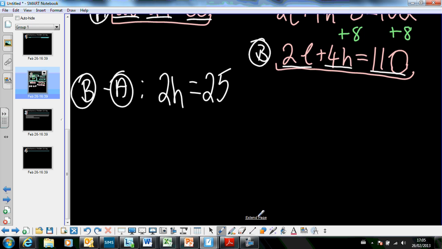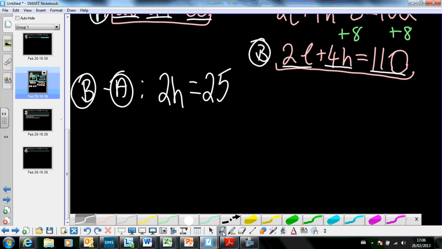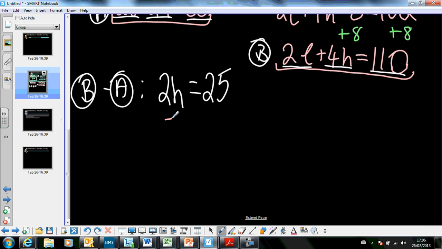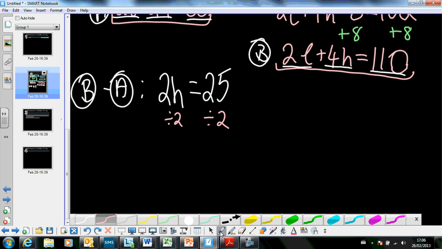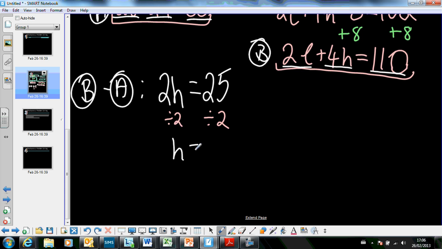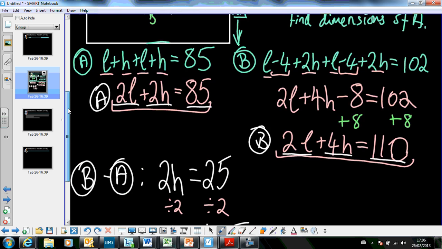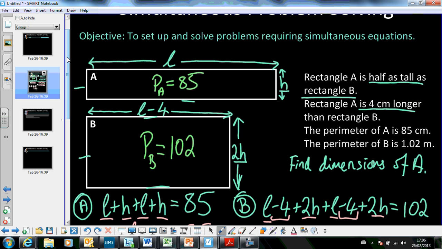There we go. I imagine some of you are screaming at your computer screen there. So if 2 H's are 25, then 1 H is 12.5. So that's the height of the rectangle we've worked out to be 12.5 centimeters.